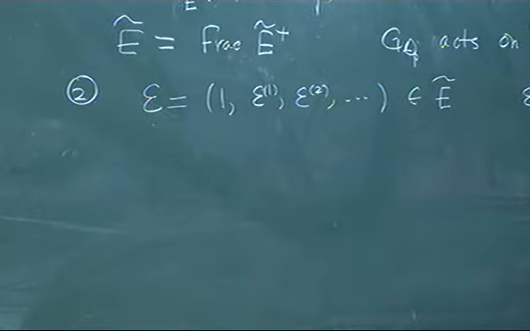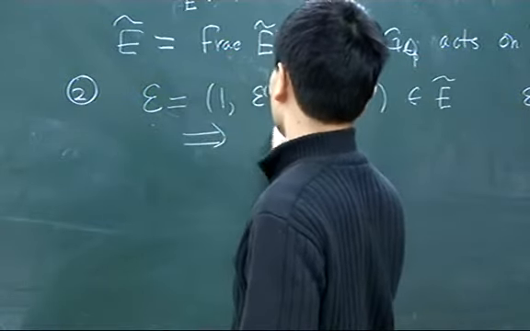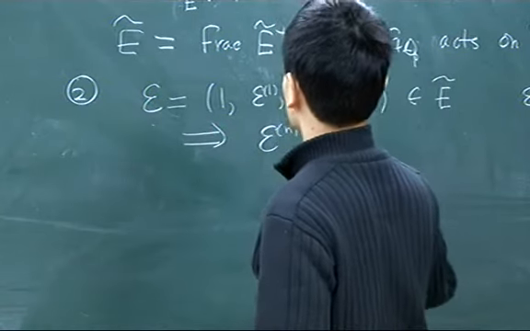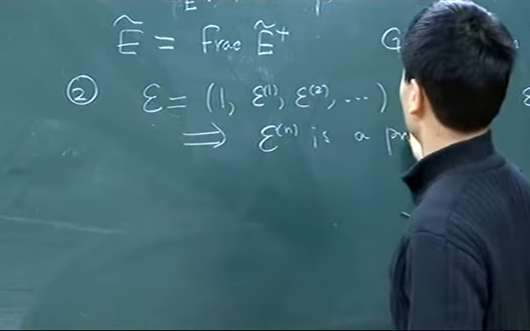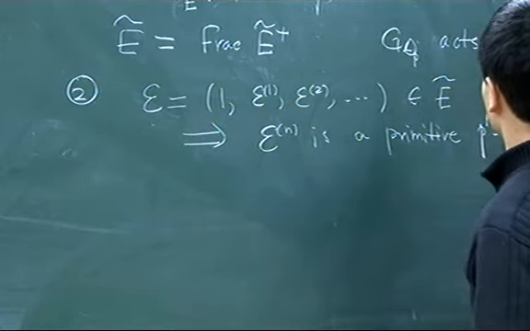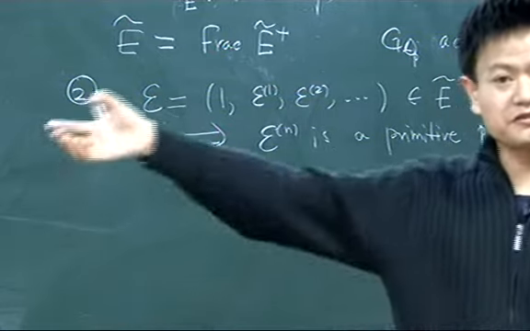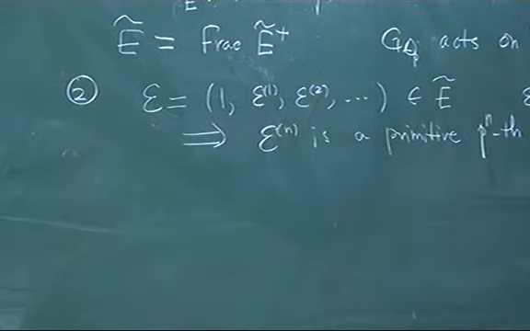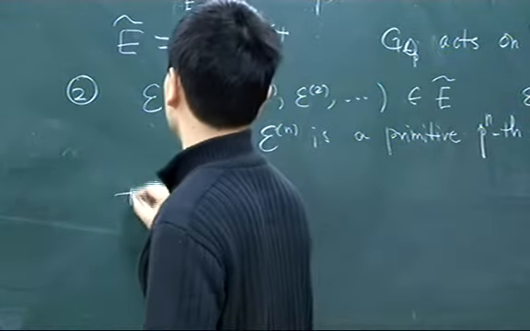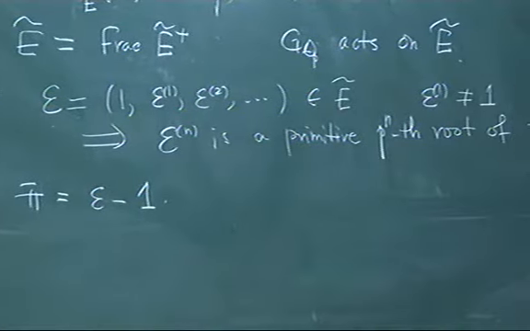Now, because of the condition, this implies this is a primitive p^n-th root of unity, and this is uniformly chosen. So this is epsilon, and pi bar is just epsilon minus 1, where 1 is just the identity element.